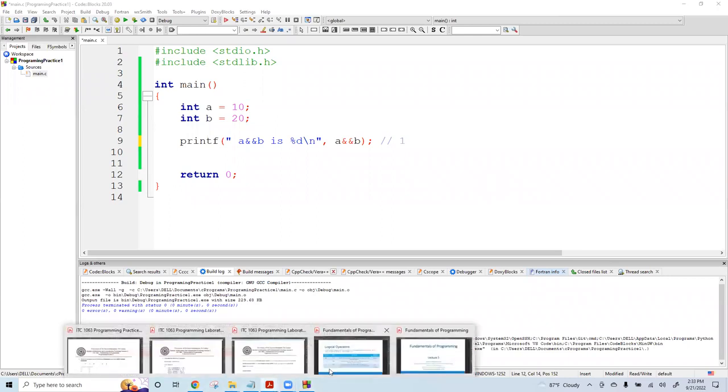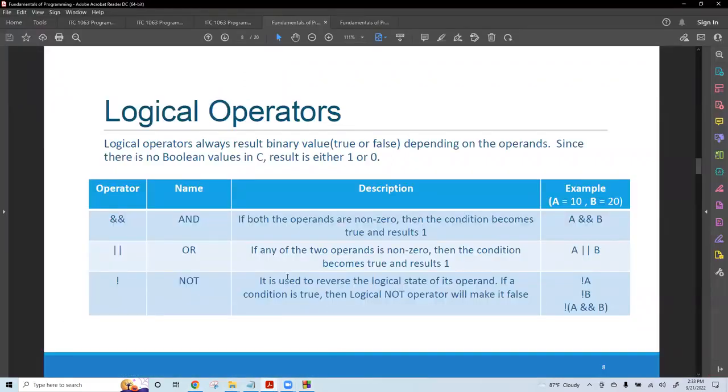Let's go to the note. See, this one answer: 10 and 20 is not equal. No, no, that's not the reason.